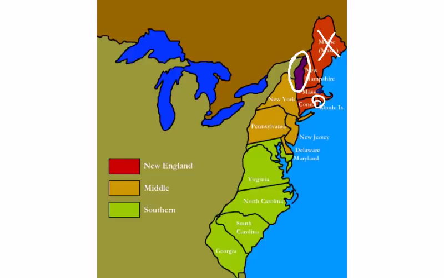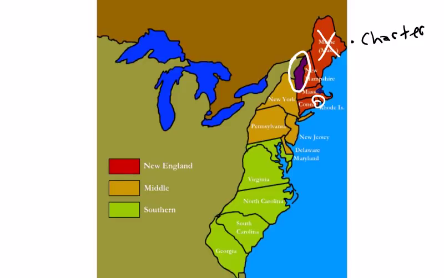Okay, now the New England colonies have a couple unique things about them. First off, they're what we call charter colonies. Charter colonies mean that they were set up by the King of England, but they were given off to individual people who were able to build their own colonies and their own rules.